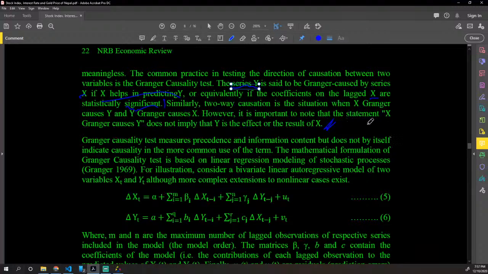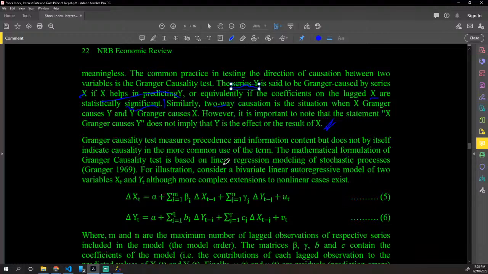So the Granger causality test measures precedence and information content, but does not by itself indicate causality in the more common use of the term.